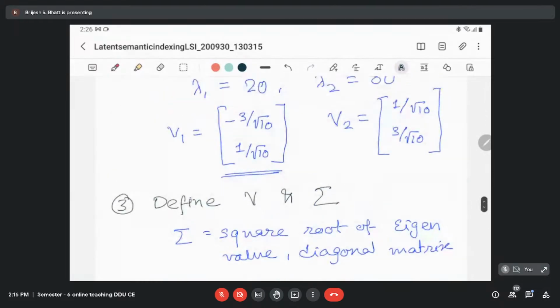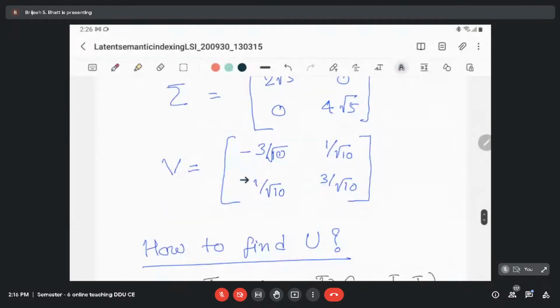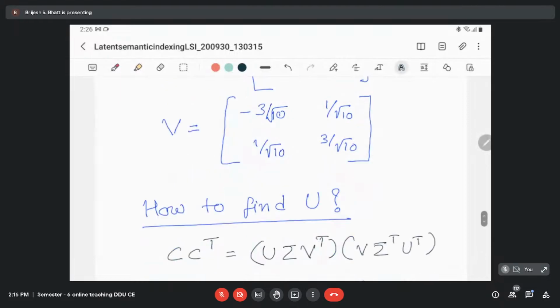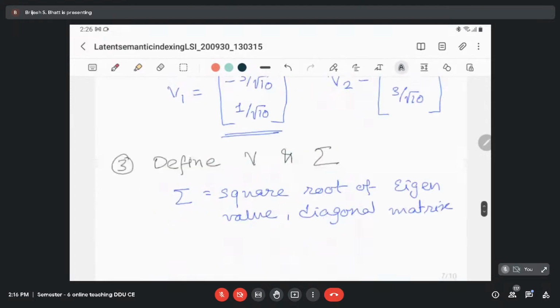And V will be the corresponding eigenvectors, that is minus 3 root 10, 1 root 10, 1 root 10 and 3 root 10. So that will give us sigma and V. And the second question is how to find U. Same thing, again do C. First you did C transpose C.